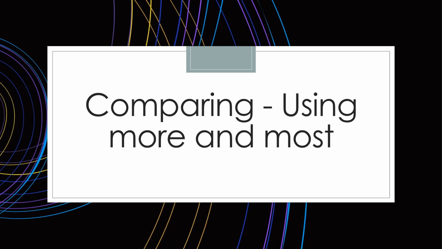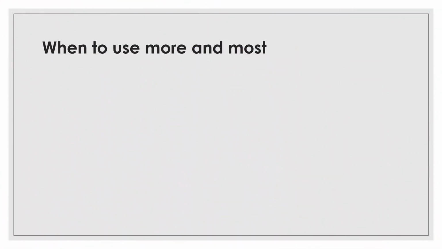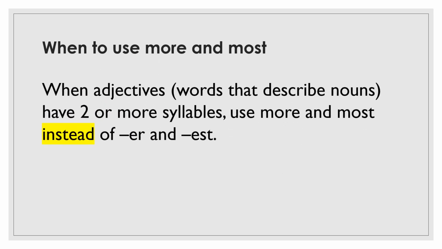This is what we're looking at for your classwork today. Now, when we are comparing using more and most, adjectives that have two or more syllables use more and most instead of ER and EST.